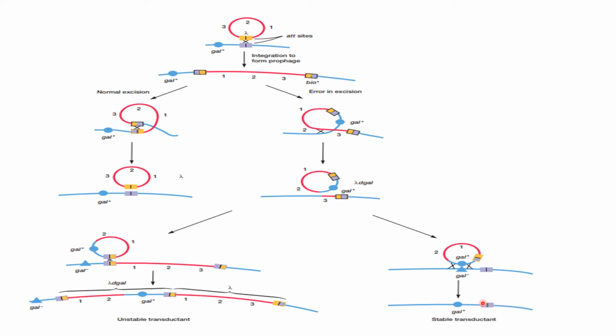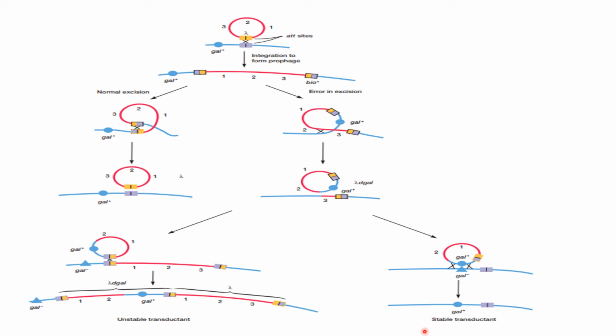Now this is a stable transductant because here the gal plus gene has been introduced by the phage DNA in the recipient bacterial chromosome. So these are the steps that you can see again in detail, where the phage DNA carries the donor bacterial DNA into the recipient cell and changes the chromosomal nature of the recipient cell, becoming a stable transductant.